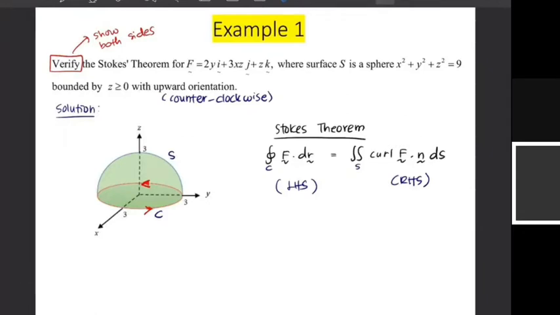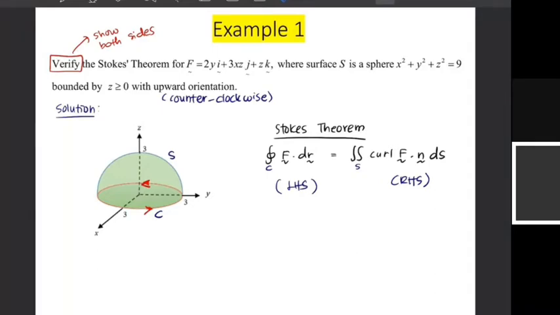Let's look at example 1. The question asks you to verify Stokes theorem. Hence, you must show both sides, for this F where surface S is a sphere. We know that this is a sphere, a parametric surface, bounded by z greater than 0 with upward orientation. First you must draw the surface.